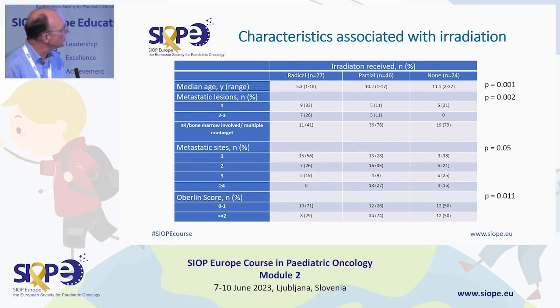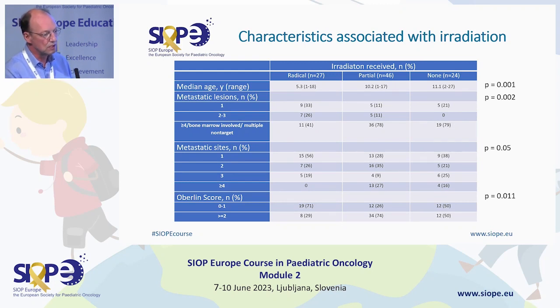So this is a table where you see whether the patients received radical, partial, or no radiotherapy by some of the clinical factors, as you also mentioned. So, for example, the age is an important factor. Radical therapy was given to much younger children than partial or no radiotherapy.